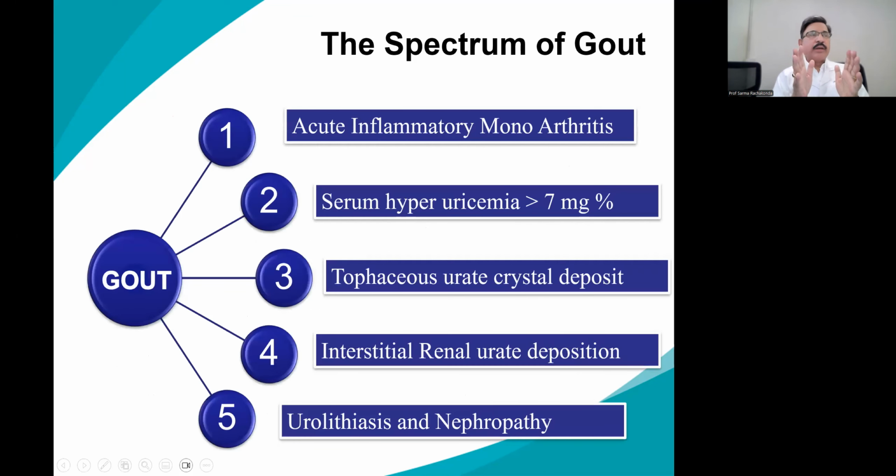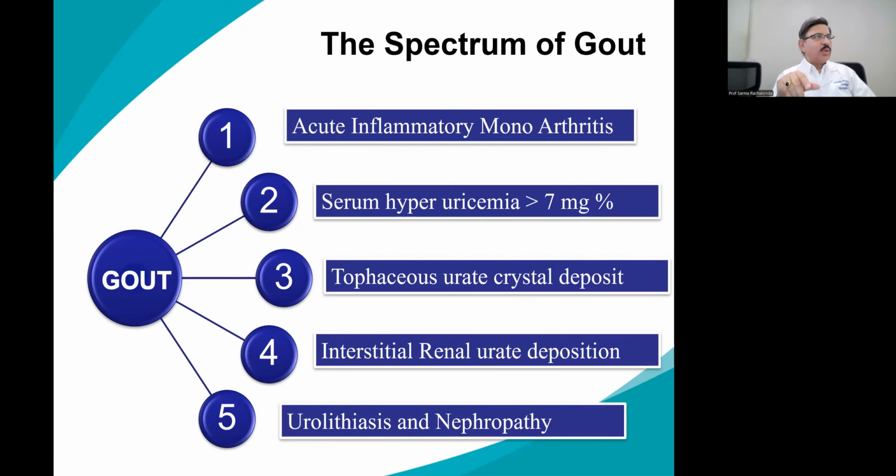Now, what is the spectrum of gout? Clinical spectrum of gout. What are the various ways it can present? Acute inflammatory monoarthritis, hyperuricemia without any arthritis, just 7 milligrams or more, tophaceous urate crystal deposit like crystal gout, and interstitial renal urate deposition with interstitial nephritis, or stone formation within the urinary tract itself, urolithiasis.